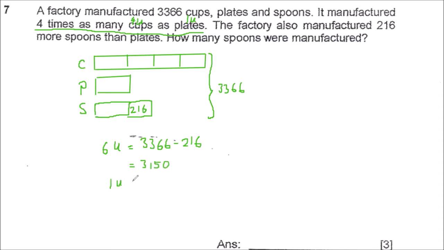Okay, and we can find one unit. One unit will be 3150 divided by 6. We have 525. So how many spoons were manufactured? Isn't it just 525 plus back this 216? And the answer will be 741.